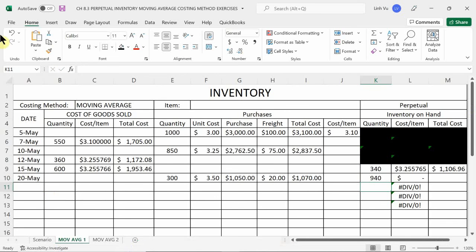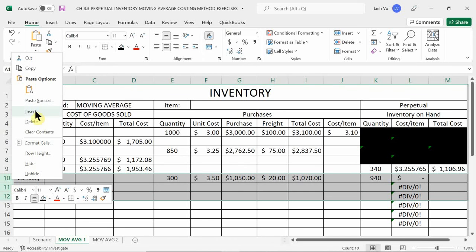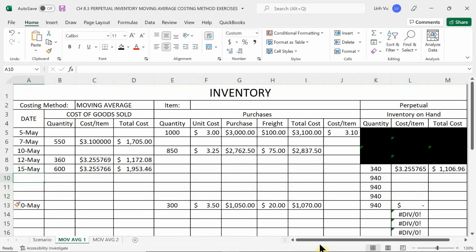Okay. I think I know what I've got to do. I think I've got to delete these because it's not working for me. Oh my gosh. It keeps telling me 940.